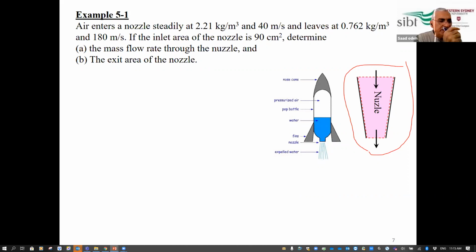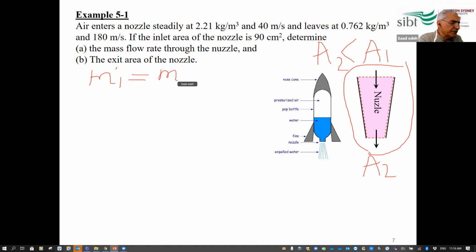The inlet cross-sectional area, A1, is bigger than the exit area, A2. If we have such a pipe, then applying mass conservation, we said we should have the same flow rate. So m dot 1 must equal m dot 2, correct?